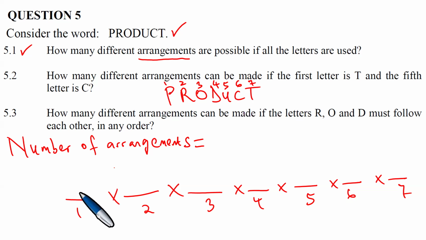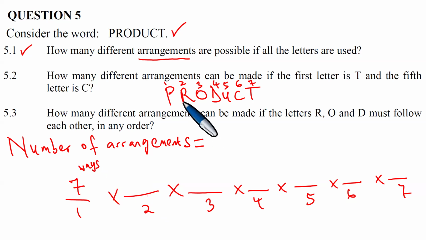In how many ways can we choose the first letter? We can either choose letter 1, letter 2, letter 3, 4, up to 7. In other words, we have 7 letters to choose from. So the first letter can be chosen in 7 ways.